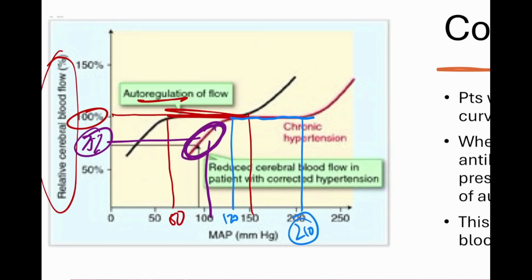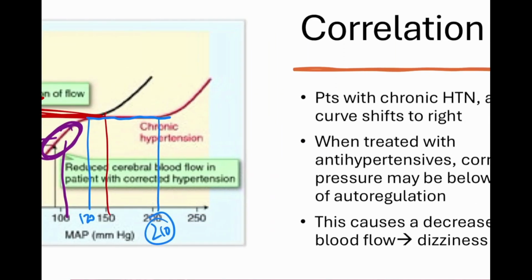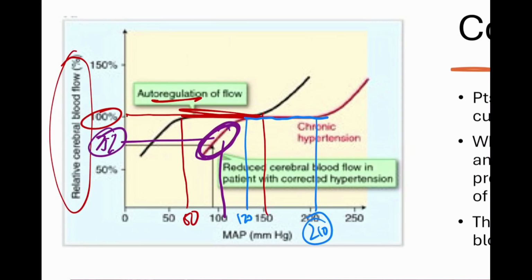What I'm trying to get out of this is when you change people's blood pressure medications, for the first few days, they may get lightheaded and dizzy because they're still operating on that autoregulation scale pushed out to the right because of the blood pressure. And when you lower the pressure, they're still on that graph, they may get lightheaded and dizzy because of lack of perfusion to the brain.